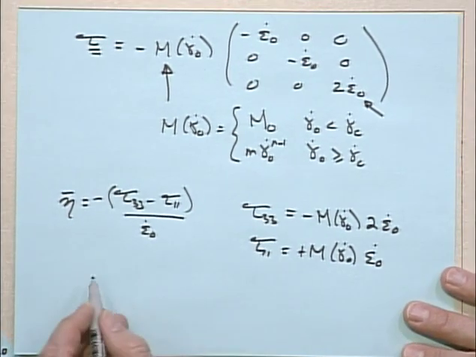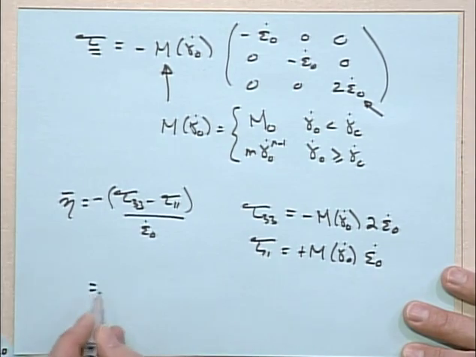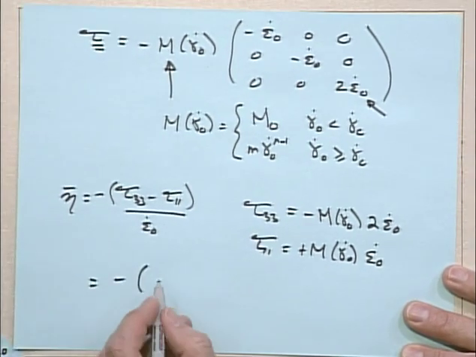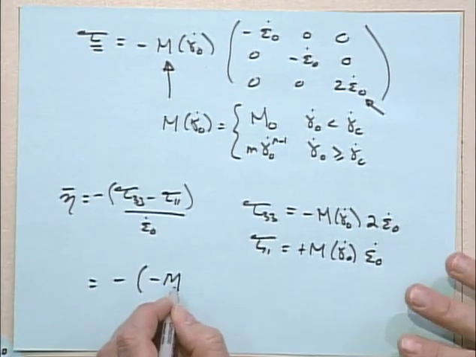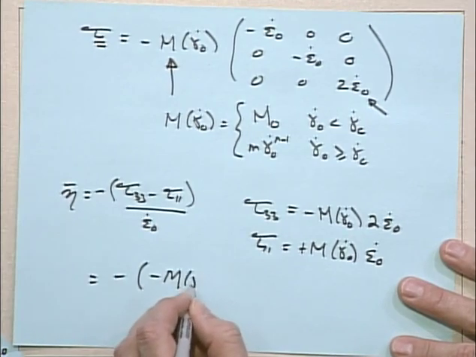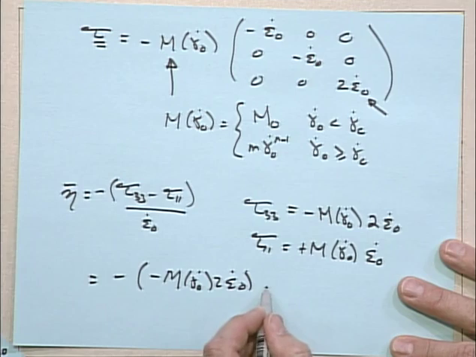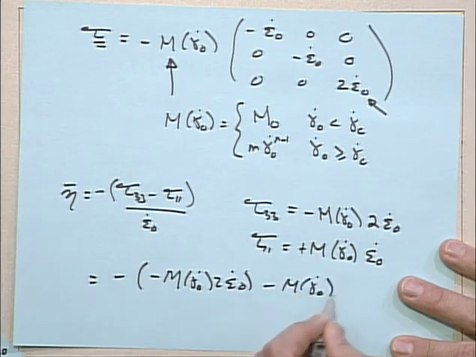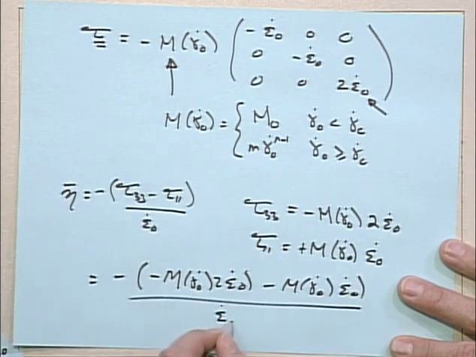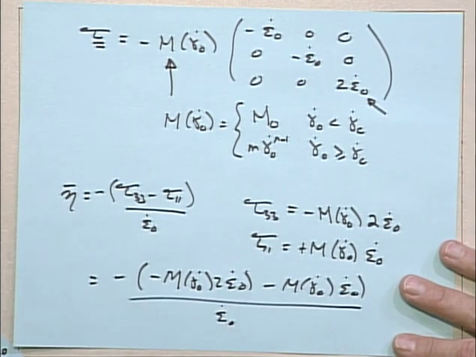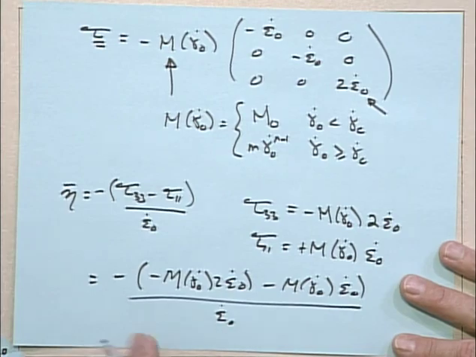And so our eta bar is minus tau 3 minus tau 1, all over epsilon dot naught. So we get our 3 again.